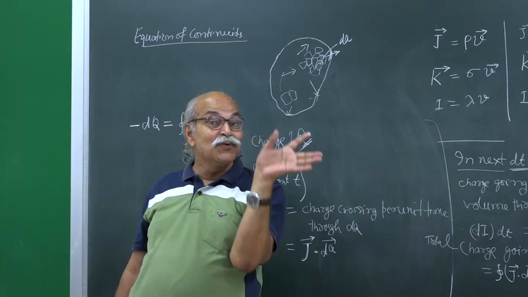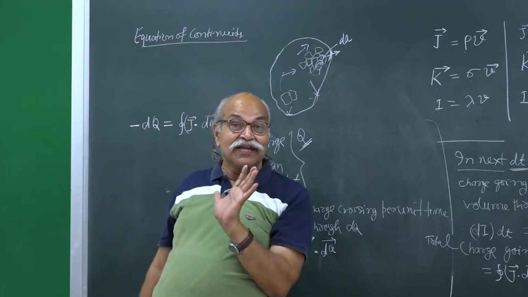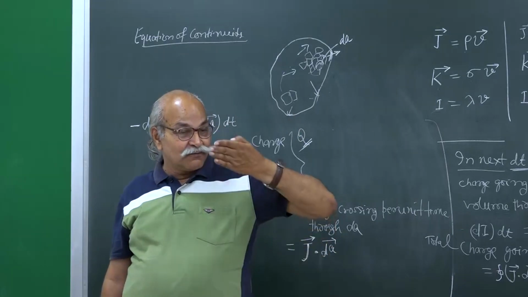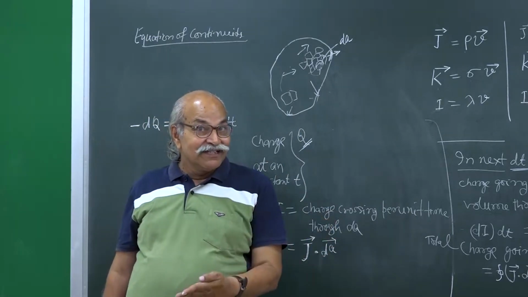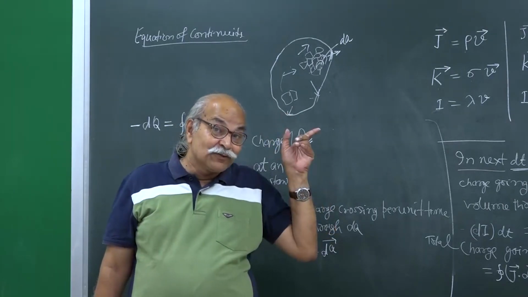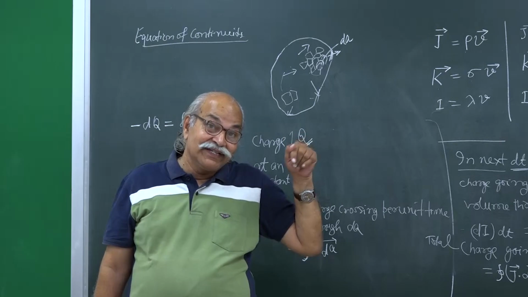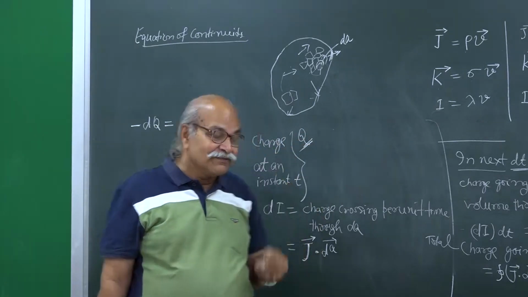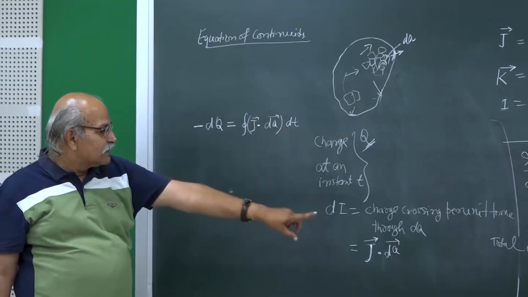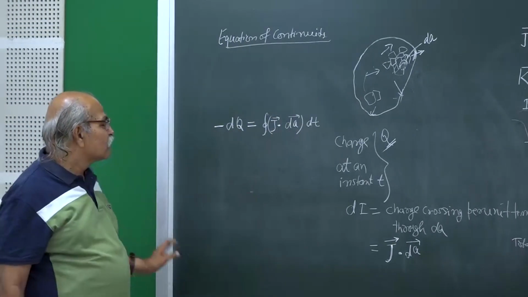Remember, q to q plus dq is a requirement of calculus. We always say that if at time t the function is y, at t plus dt the function is y plus dy. So it is q plus dq, but since the charge is actually decreasing, this dq is itself negative. So this is the magnitude which is actually decreasing. So this is equal to this.